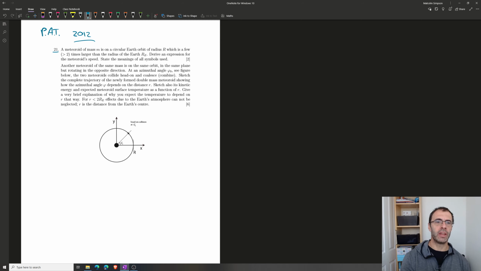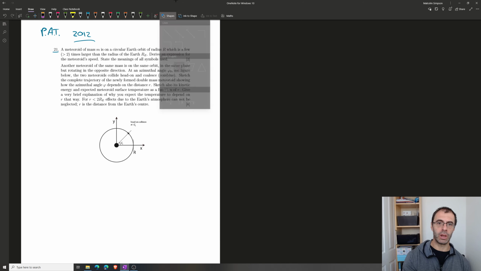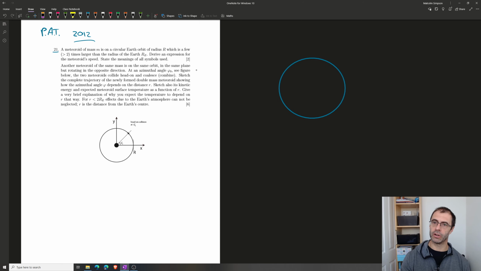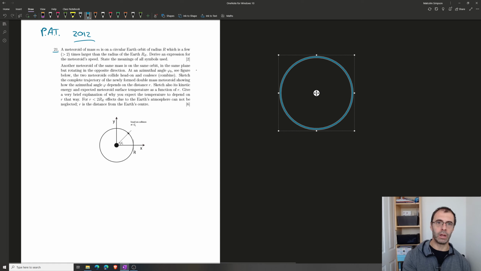The story here is that we have a meteoroid of mass m on a circular Earth orbit, radius r. So let's just crack that out. Here we go, that's that bit, and then let's have planet Earth in the middle of that as well.